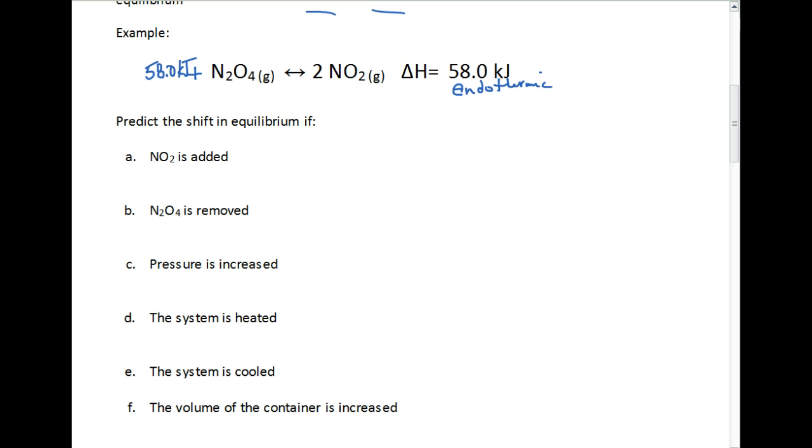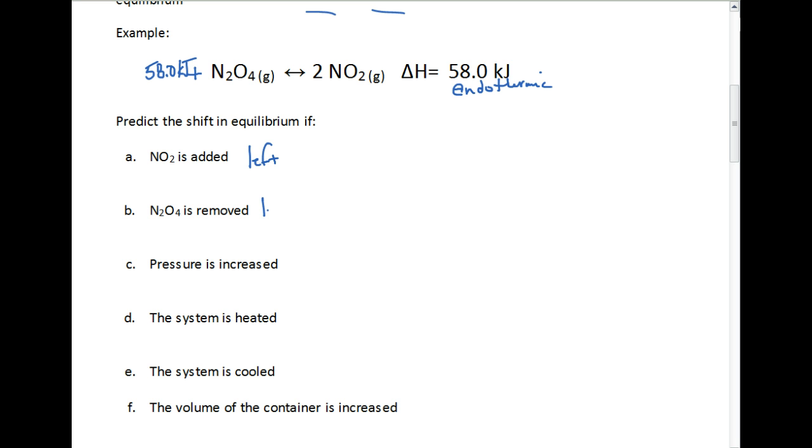So if we're going to predict the shift, some of these are things we talked about in class today. If we were adding NO2 to this equilibrium, because NO2 is a product, we would have a left shift, and the N2O4 would be increasing in concentration. The NO2 would be being added; N2O4 is being removed. Remember, if you add something, it shifts away. If you remove something, it shifts toward.